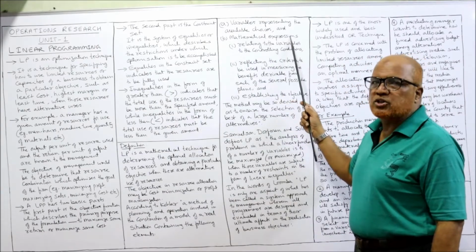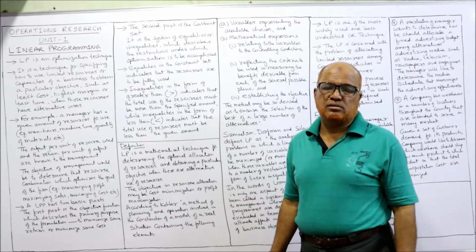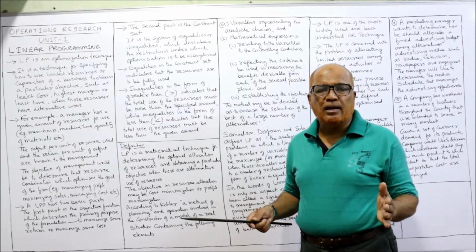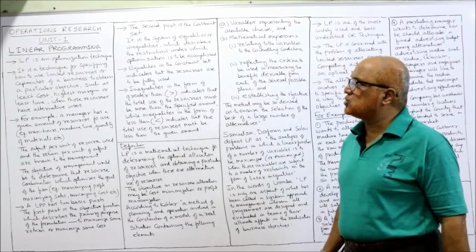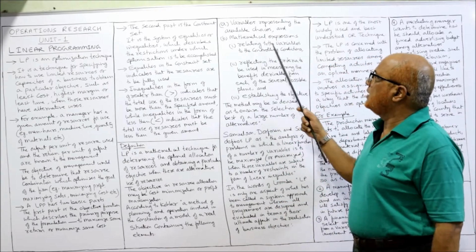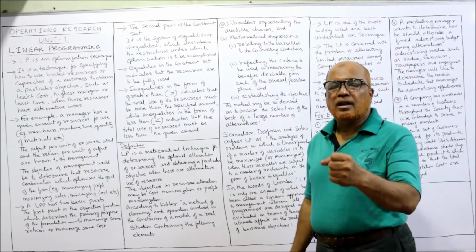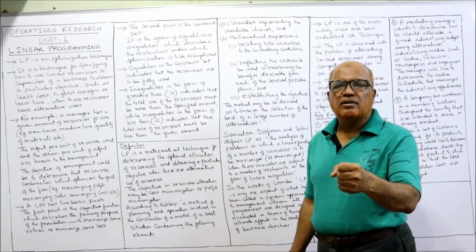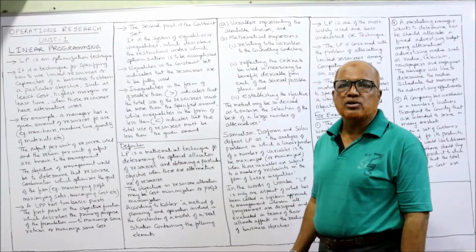Then mathematical expressions relating to the resources. Because resources are limited, we have to give some mathematical expression to the resources. The mathematical expression relating to the variables, to the controlling conditions. That means restraints, constraints. Our activity is restricted by these variables called resources.